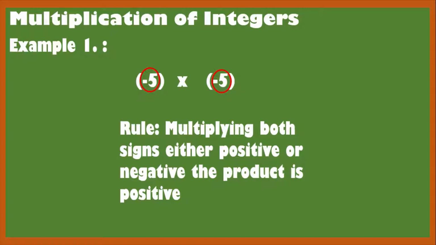So negative times negative equals positive because it refers to rule number 1. So negative 5 times negative 5 equals positive 25. Do not forget the first rule.